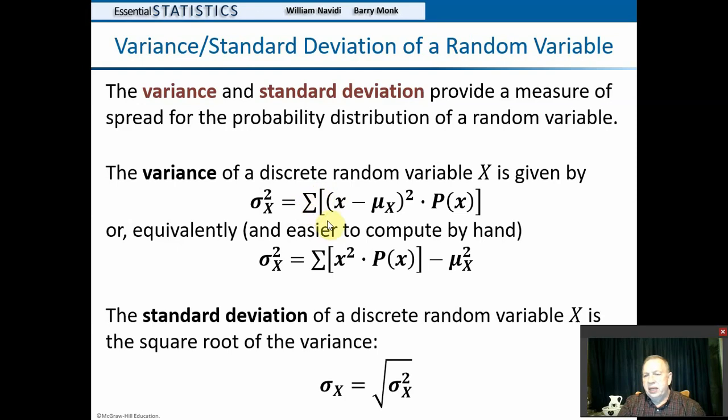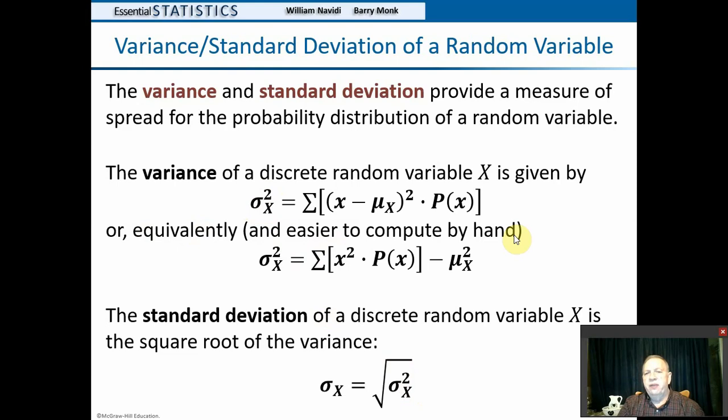The way that we look at this is that we first find our mean, or our expected value, and from each x, I subtract the mean value, I square it, and then I multiply it times its probability. I add all of these up, and that's my variance, my standard deviation squared, and then I can take the square root of that.